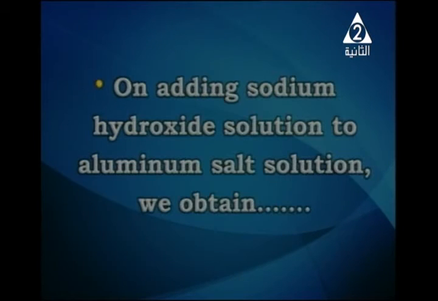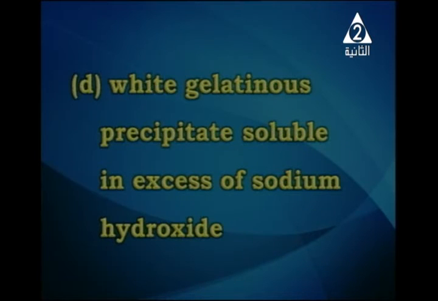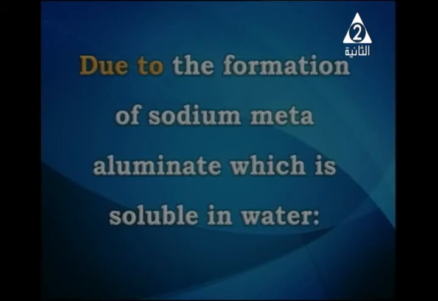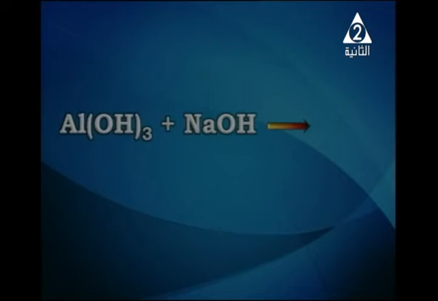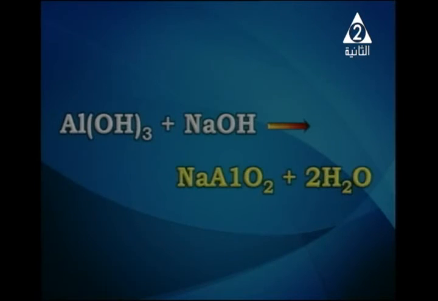If you think about the answer, my dear student, it is the white gelatinous precipitate soluble in excess of sodium hydroxide, and the reason for that is due to formation of sodium meta-aluminate, which is soluble in water. As the equation proceeds on the screen, Al(OH)3 plus NaOH gives NaAlO2, sodium meta-aluminate, plus water is produced.